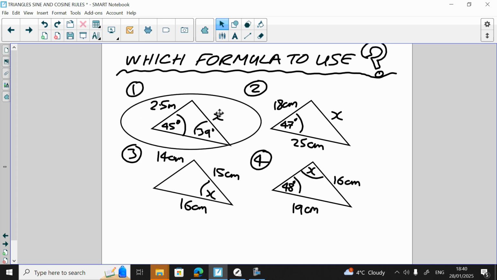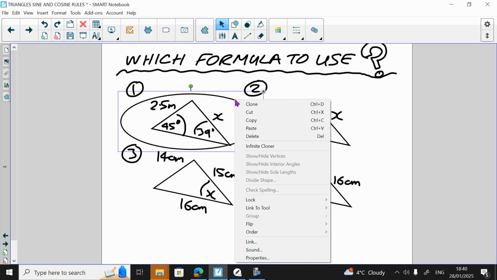So what do we have here? I've always got 3 pieces of information, so 1, 2, 3, but I've got two sides and two angles. So two sides, two angles.